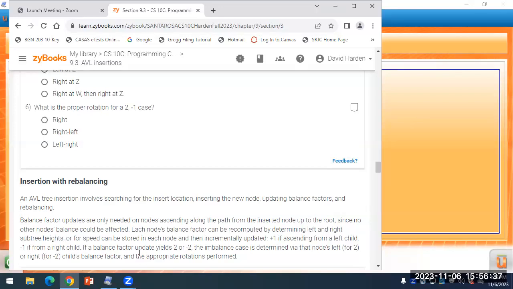The project, if I were to just talk about it for a second, I would say honestly, you don't really have to be an expert on the rotations to do the project. Here's what I would say. There's not a ton of code. It's hard, but there's really not that much code.